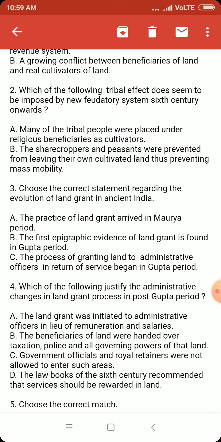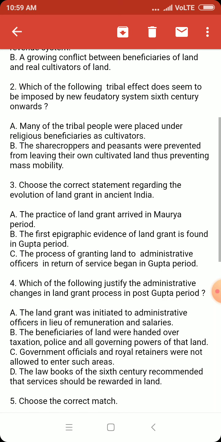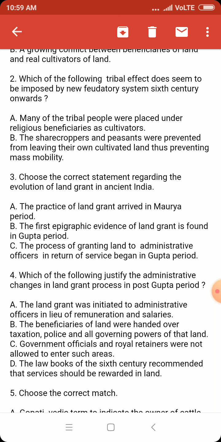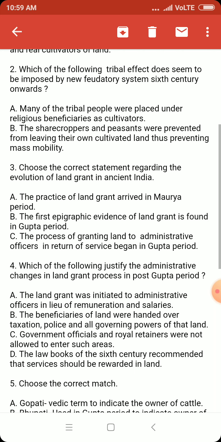As a result, he became so influential that he ordered the persons living in that area to cultivate on that land. So option A is correct. Option B, the sharecroppers and peasants were prevented from leaving their own cultivated land, thus preventing much mobility. This is also correct. So both the options are correct in regard to question number 2.